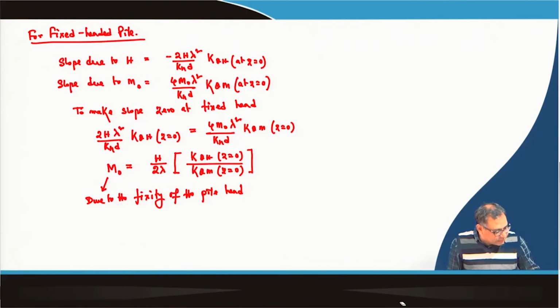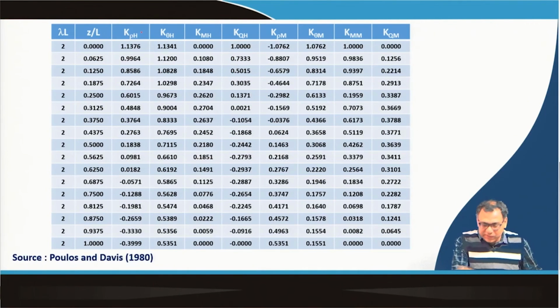So, that we have developed for the pile, and then how we will calculate these coefficients, k rho h, k theta h, k m h, k q h, k rho m, k theta m, k q m.